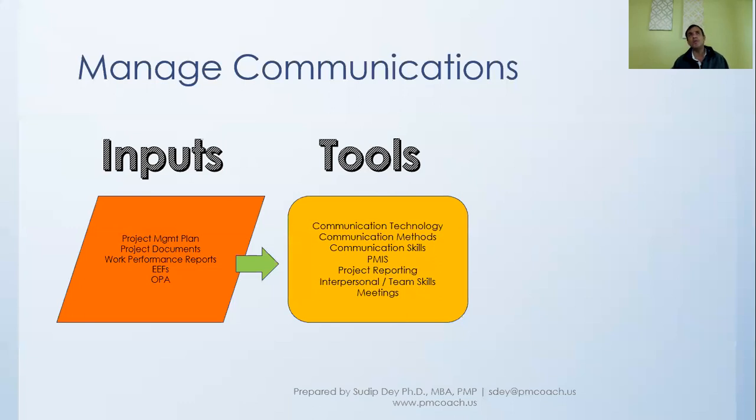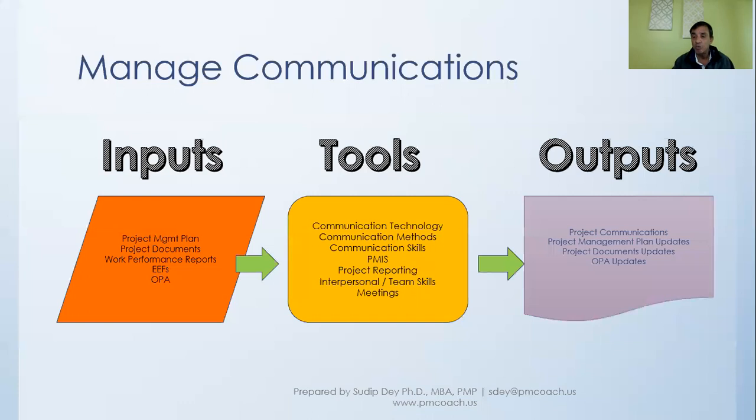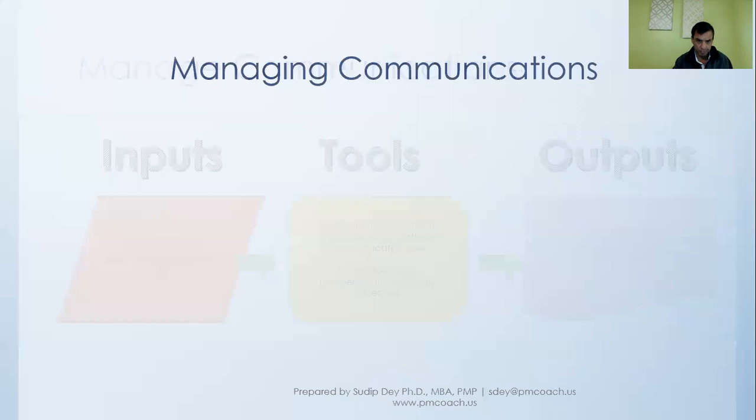So if you remember, plan communication management was in the planning process group, whereas manage communication is in the executing process group. So it is when we're executing the project that we'll have to manage the communication. The output that will come out is really the project communication, and of course in the process there will be some updates involved.